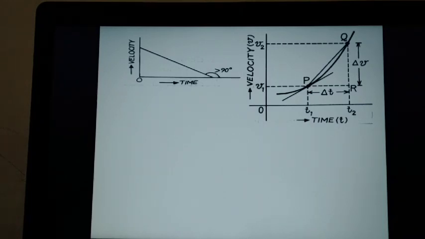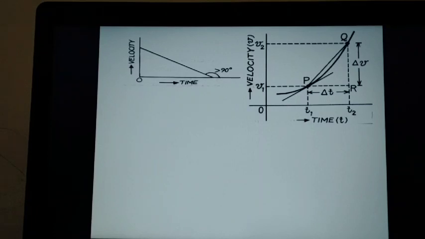It is a continuously accelerated motion. So since it is a continuously accelerated motion, you can find out the average acceleration at a particular instant. Suppose at the point P you are having a line, and if you are making the slope between P and Q, you can find out the average acceleration, delta V by delta T, at a particular point P when delta T tends to 0.